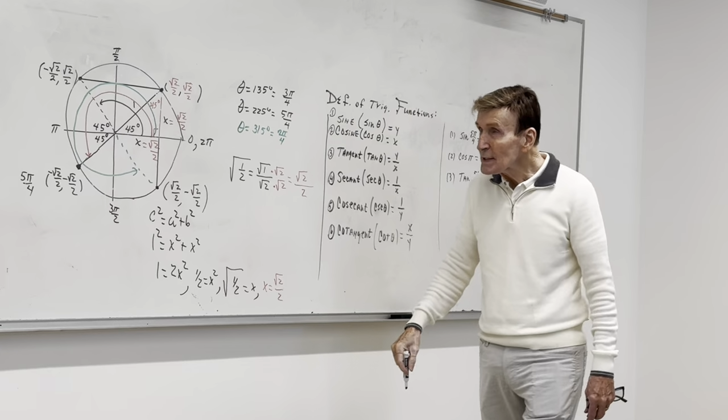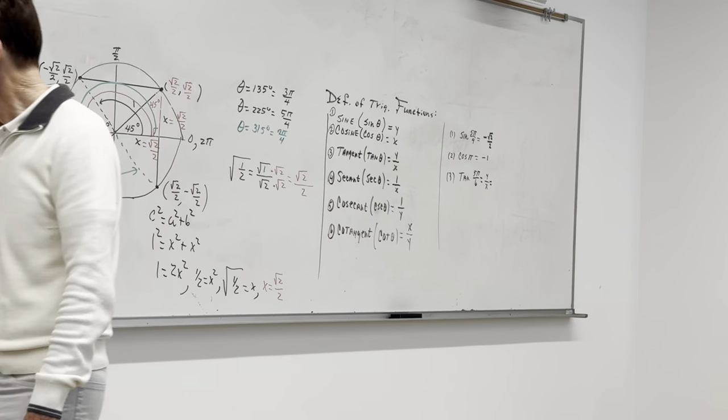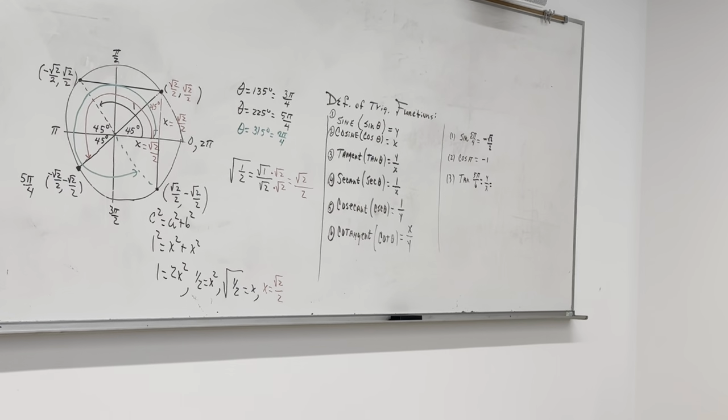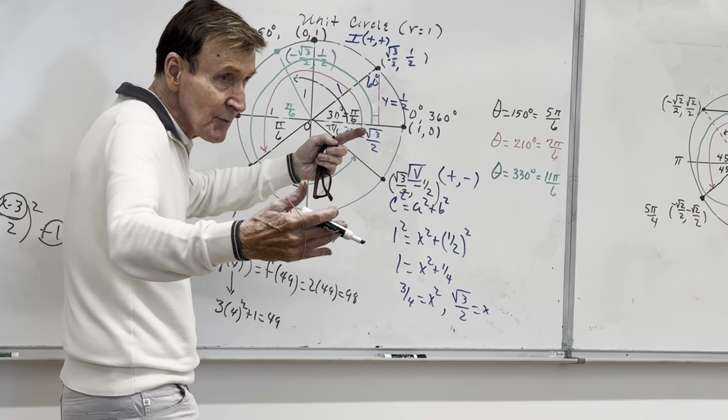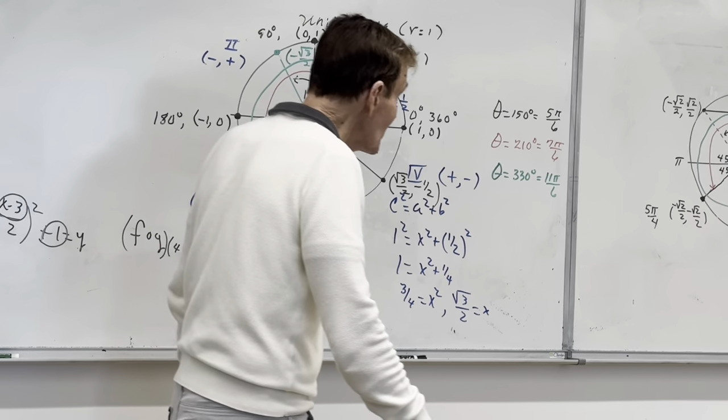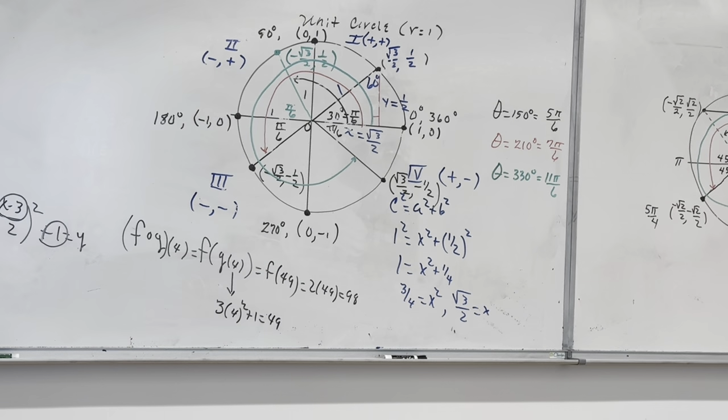Now 5 pi over 6, if I didn't erase it, let me try to find it, for goodness sakes, where is it? Was it this one, guys? I did so much work tonight, I think it's this one. These are the coordinates. I think, I hope so. Now if I place the y over the x, which is the definition for tangent, I'm placing 1/2 over, what was that? Negative radical 3 over 2.